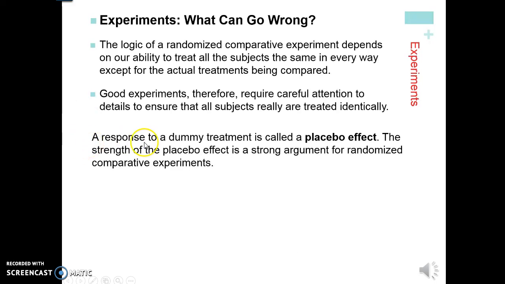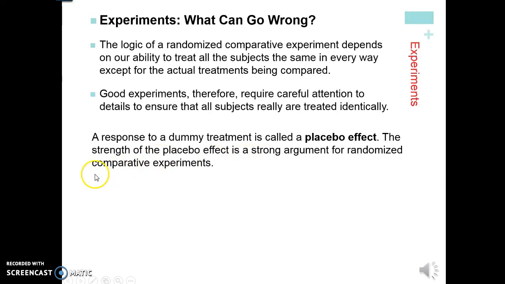Now, let's say that we have the people that are taking the aspirin versus the not aspirin. When you have a response to a dummy treatment, it's called a placebo effect. The strength of the placebo effect is a strong argument for randomized comparative experiments.